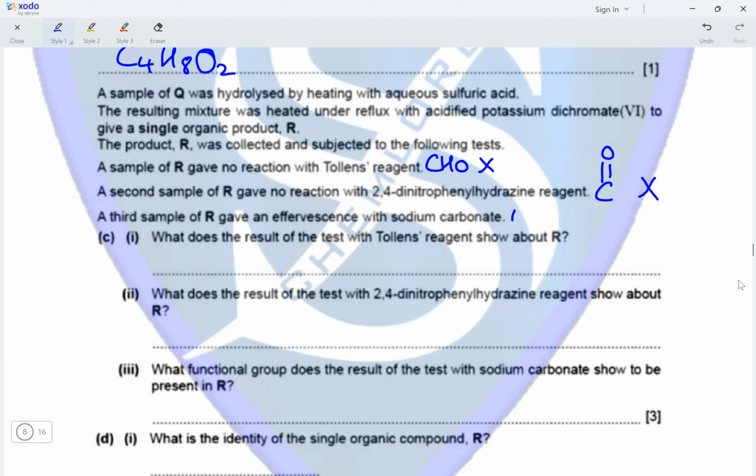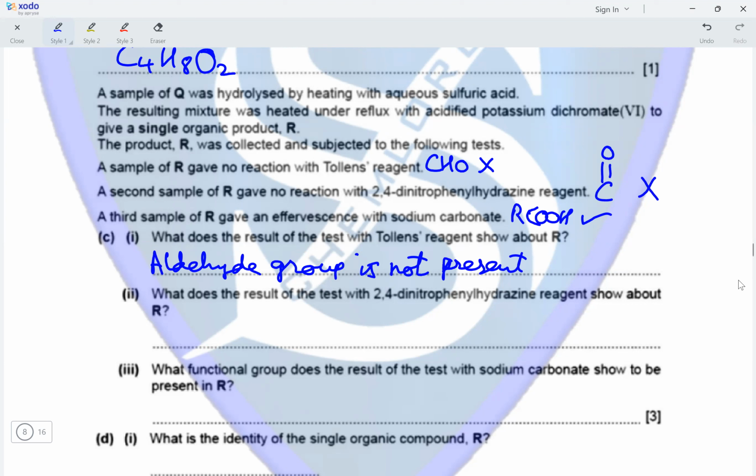So RCOOH group is present. What does the result of the test with Tollens reagent show about R? Aldehyde group is not present.